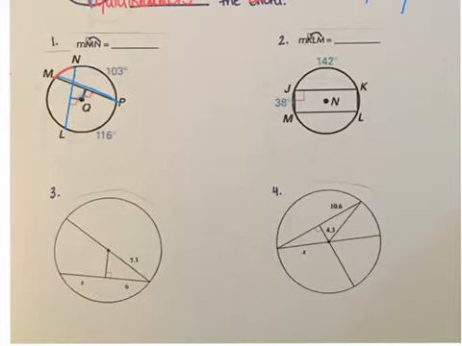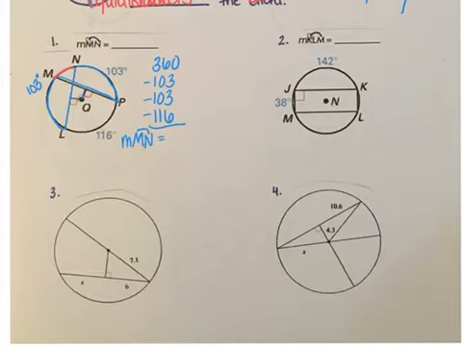So if this arc right here is 103, this arc will also be 103. And since a whole circle equals 360, to find the measure of arc MN, all we have to do is take 360, subtract 103, minus 103, minus 116 to get the arc measure for MN. And we get 38 degrees.